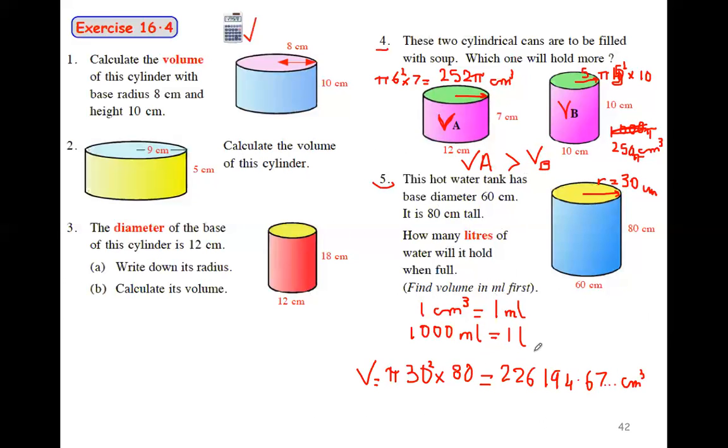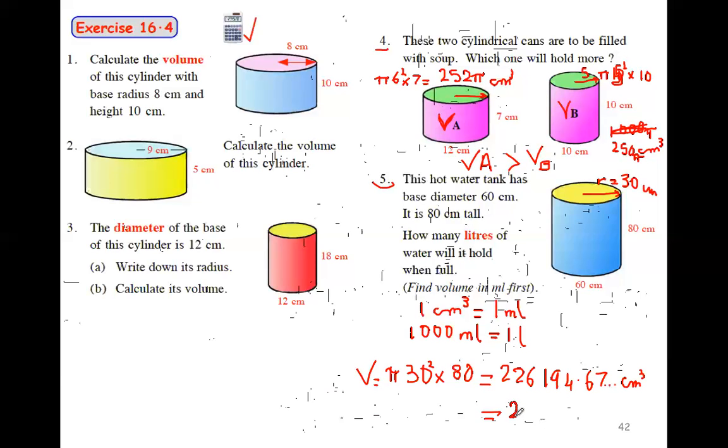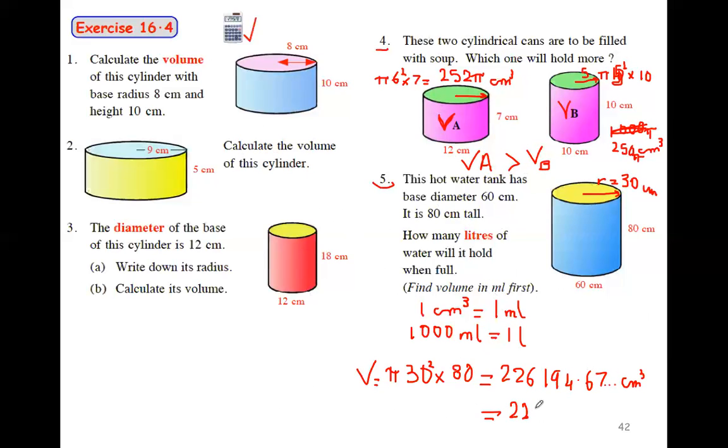Now, to give your answer in liters, because 1,000 milliliters makes 1 liter, you just divide that by 1,000, or 226, and we're going to decide to give it to 1 decimal place here. So 1 decimal place, in liters. And that makes, again, in context, something plausible.